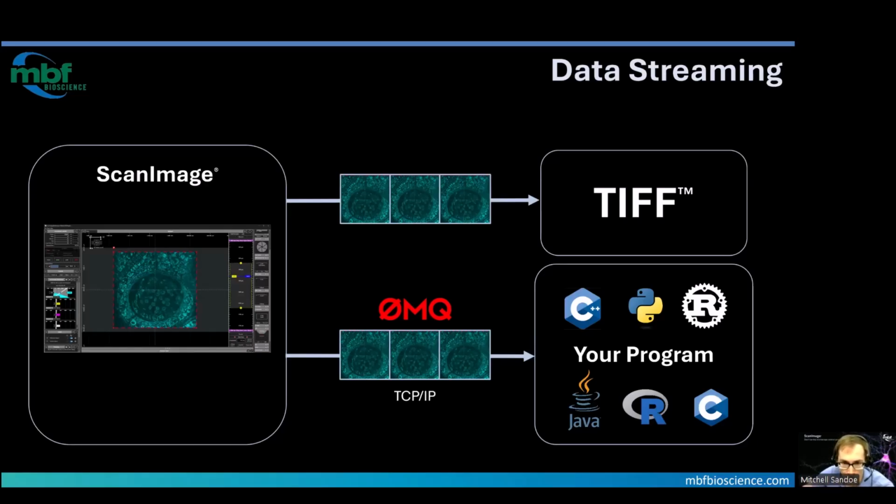We use the 0MQ library, which has bindings for every major programming language, such as Python, Java, JavaScript, etc. You can write your own program for online data analysis or closed loop behavior or whatever else you can think of. The data transfer is lossless and has low latency, and we're excited to see what applications you are going to implement with this.